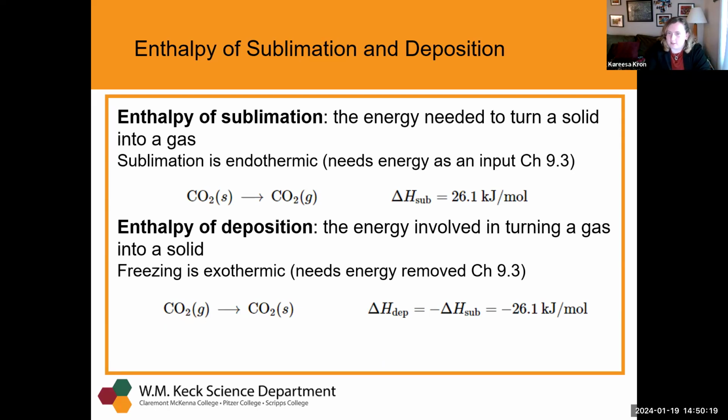You have to put a lot of energy into the system to do that transition. Or enthalpy of deposition, the amount of energy you have to remove to turn that gas into a solid. And so this should say deposition here, not freezing, but it's effectively the same, same type of enthalpy, just for a different process, this gas to solid.